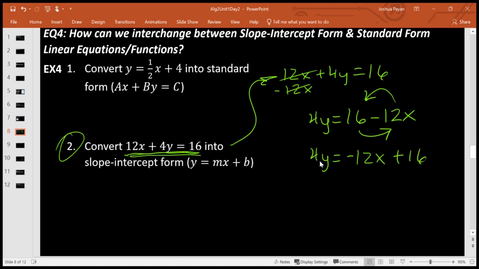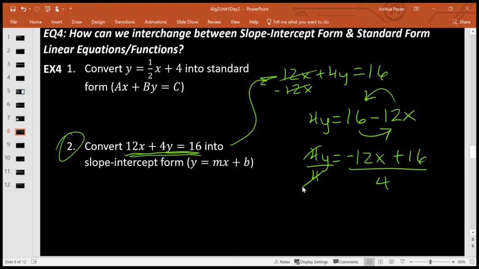Okay, now I've got this multiplication by 4 here that's not letting me have the format that I'm looking for, specifically where y is by itself, right? So all I need to do is divide by 4. Well, again, we have to be careful how we do this. If I divide this one here by 4, I have to divide everything else by 4, okay?